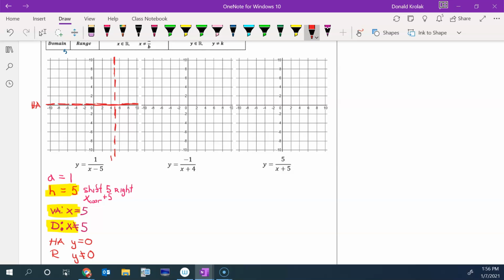Then I label what that is, x equals 0. That's the VA. This is y equals 0. So now all this is, guys, it's like taking the original graph and just sliding it. I'm going to take the original mother function and slide it over.